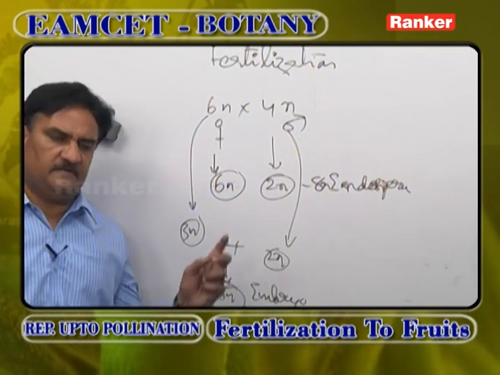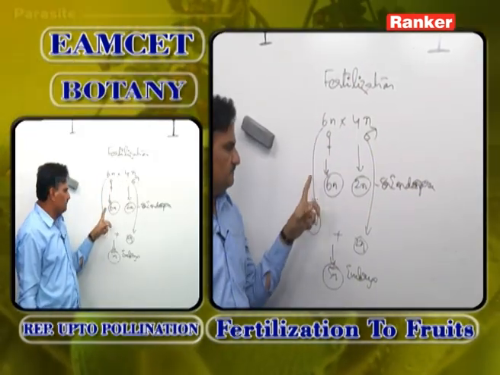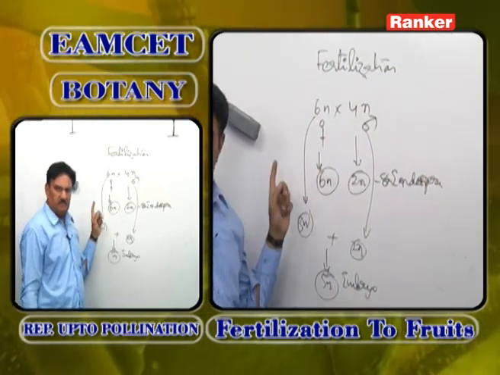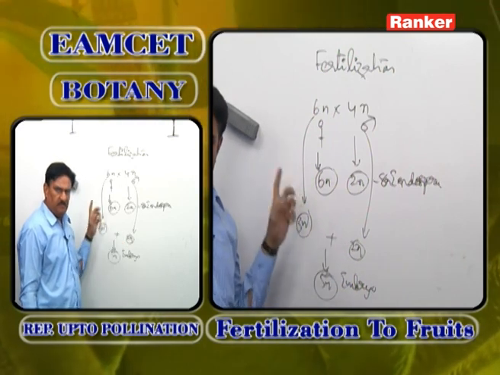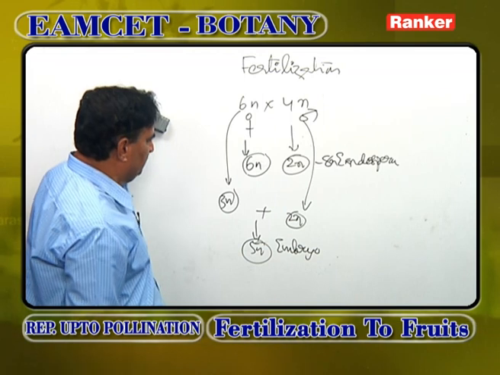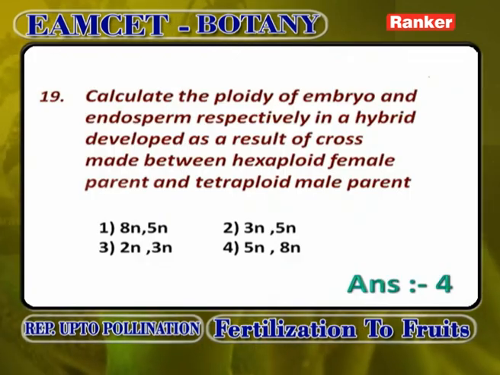So whenever a hexaploid female plant is crossed with a tetraploid male plant, 6N remains 6N because the secondary nucleus ploidy is the same as the female plant. 6N plus 2N, half of the male gamete will come. 6N and 2N becomes 8N. So endosperm is always 8N.